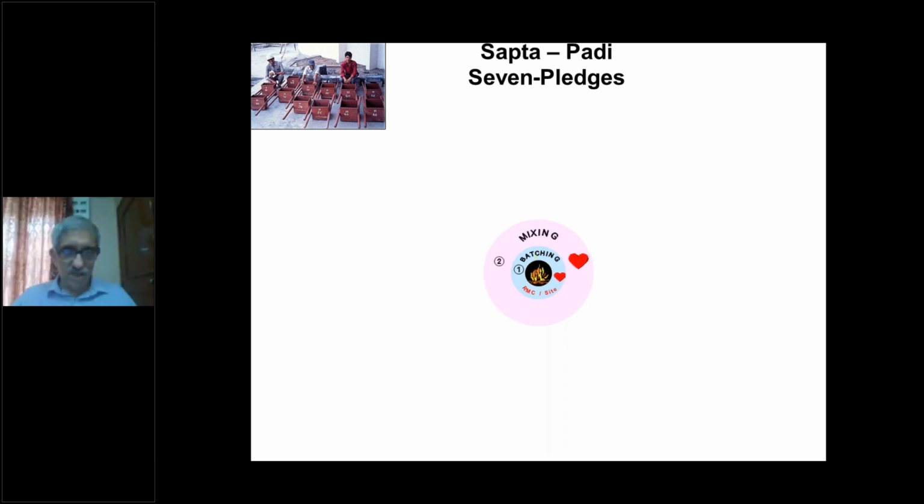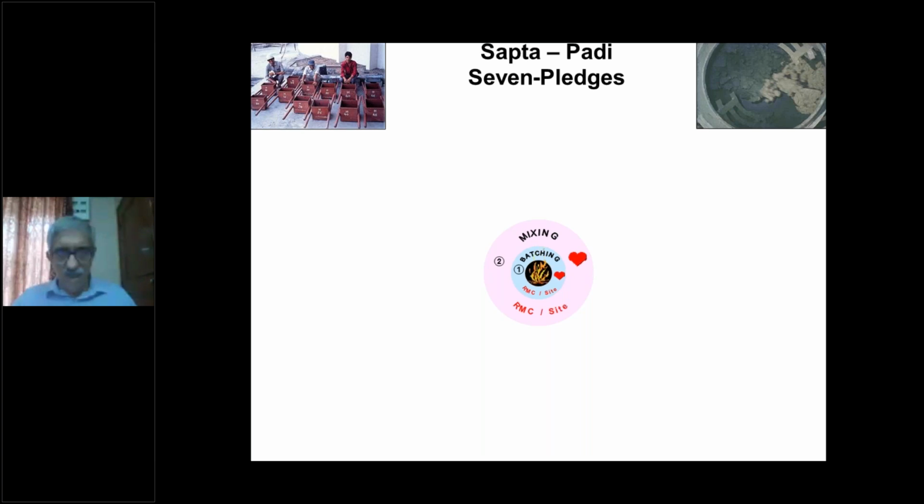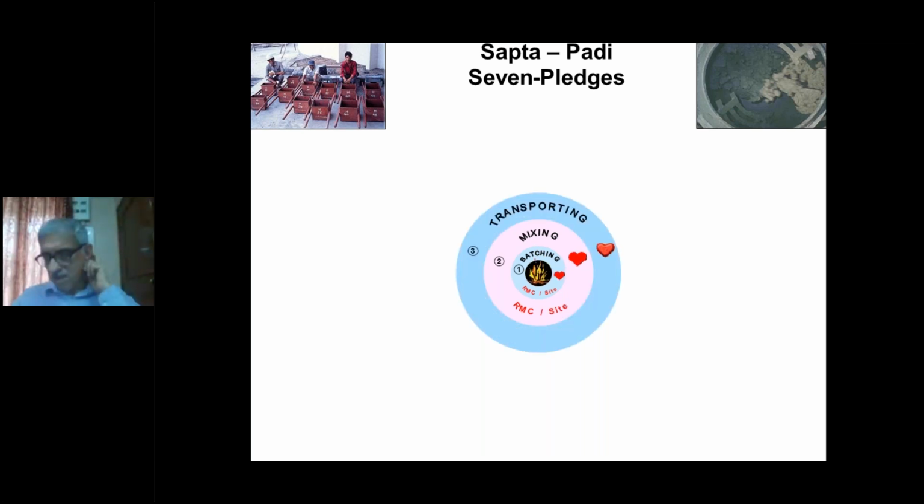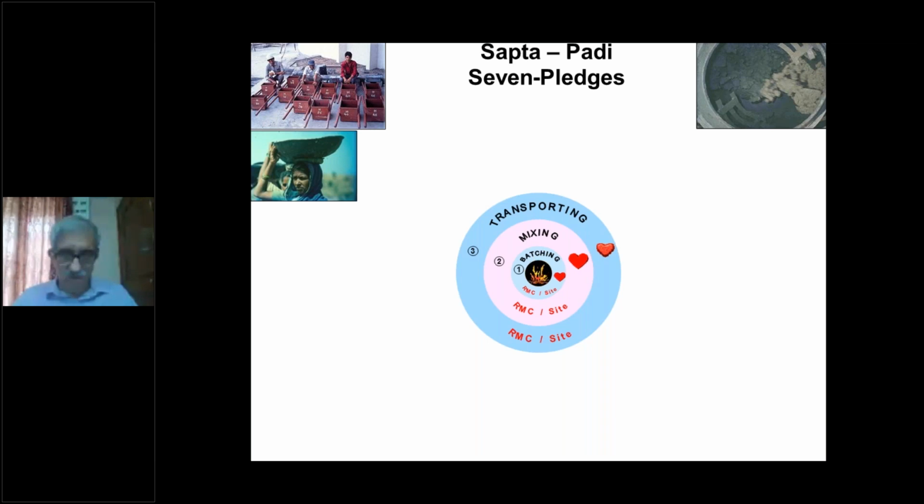Once you have batched the materials properly, you mix the concrete materials in a mixer or in an RMC plant. The third step is transportation. Whatever concrete you have produced has to be transported to the formwork. That is also done using RMC and sometimes manually at site.